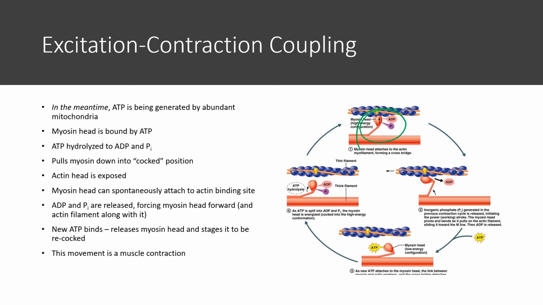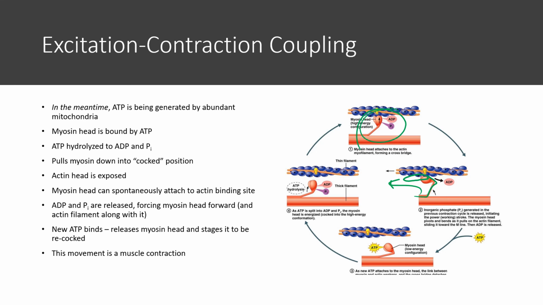When the ADP and the phosphate ion are released, the myosin head is going to change position and pull forward. And since it's bound to the actin binding sites, it's going to pull that actin strand along with it. This is going to shorten the distance between the two actin fibers and shorten the distance ultimately between the Z discs. It'll shorten your sarcomere.